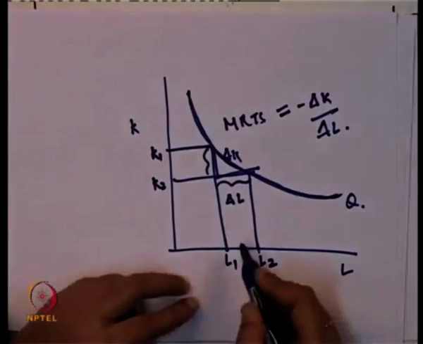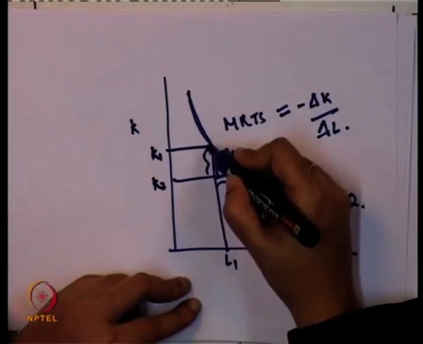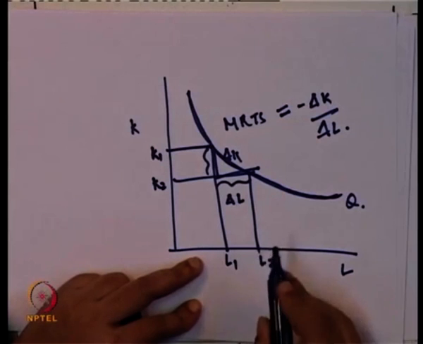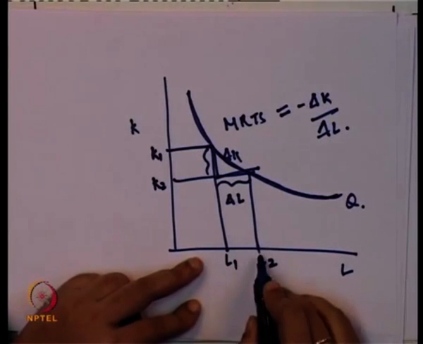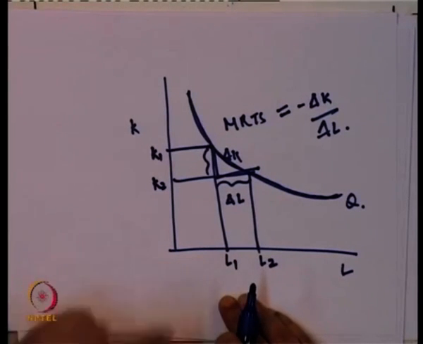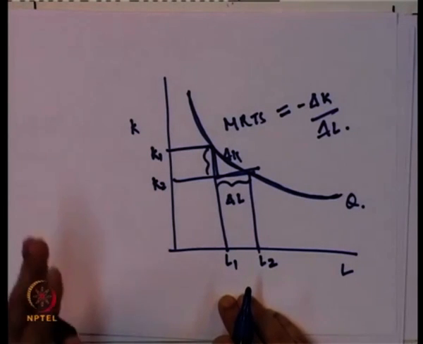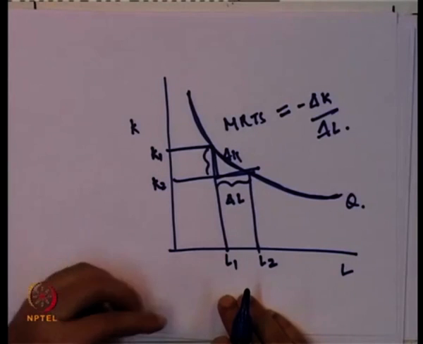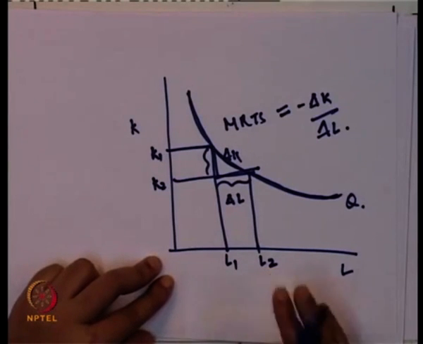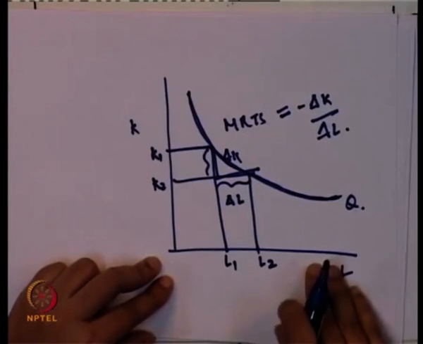Or whenever you increase from K2 to K1, you have to decrease the amount of labor used from L2 to L1. So, you cannot increase the amount of one input while keeping the other fixed; the other has to be decreased, and only then can you increase it.